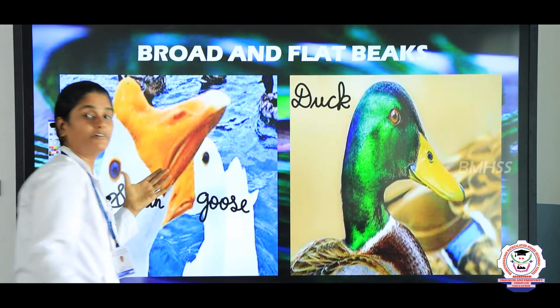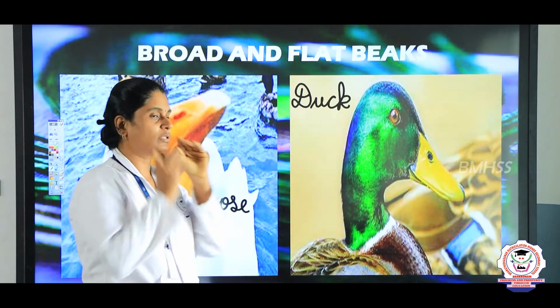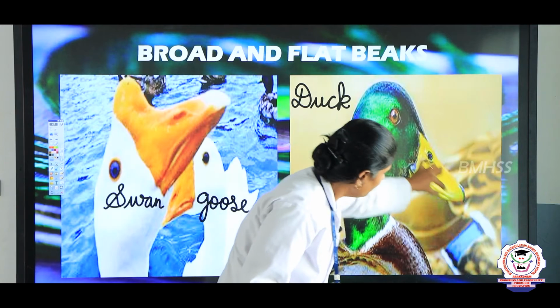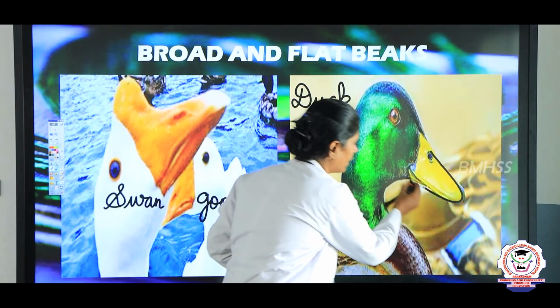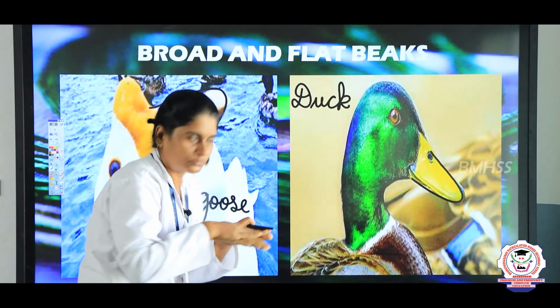They have a very strong, broad and flat beak, right? You can see the beak, it is very broad and flat, chappaya, okay.